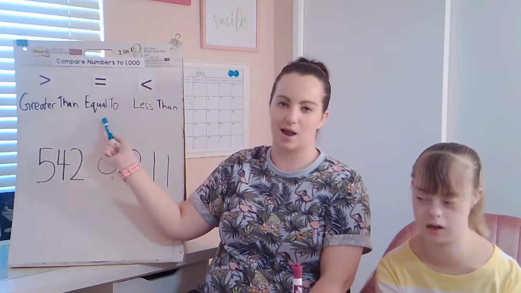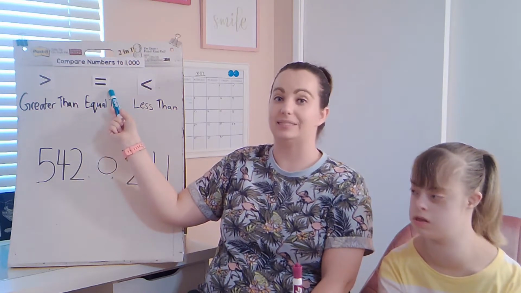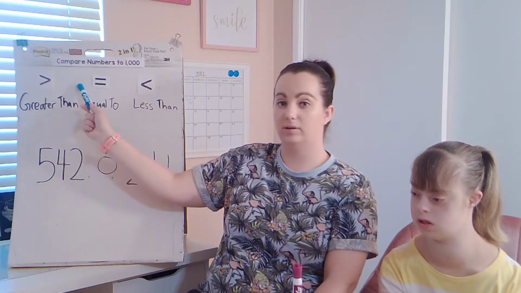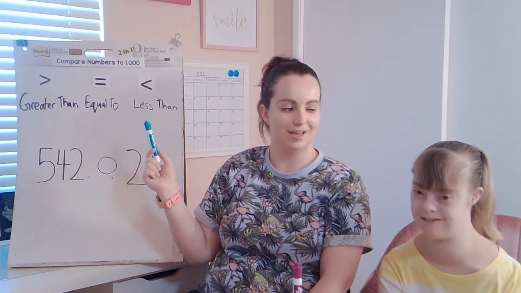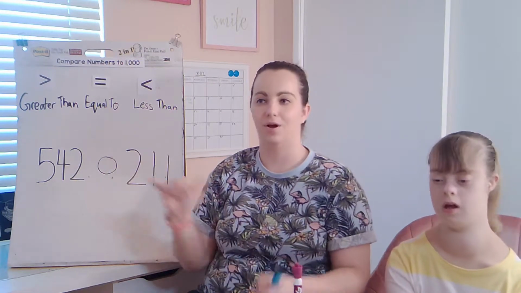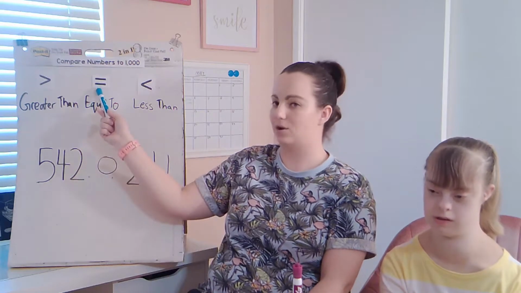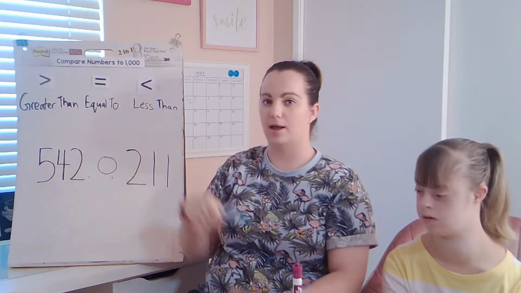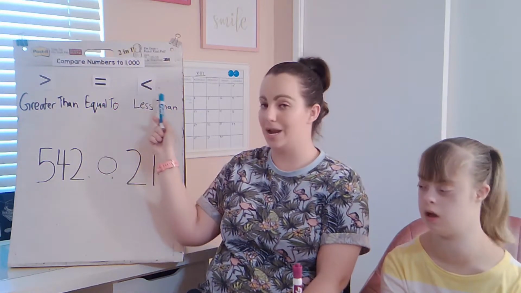The next sign, I think we really know, is the equal sign. That means we have a number, and then we have that same number on the other side. The numbers are the same or equal to each other. Then finally, you have again that tip of the arrow, but it's pointing the other way now.